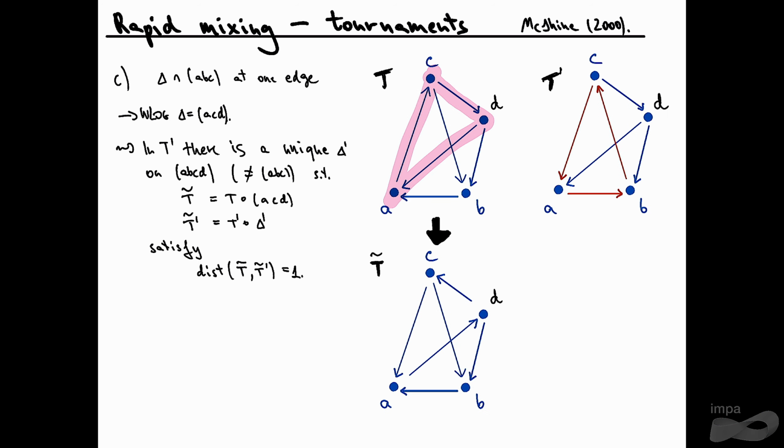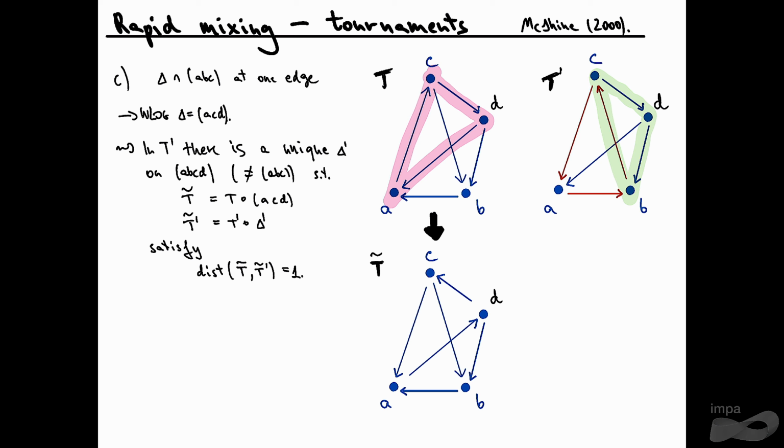We are flipping the red triangle, so all the edges are switched. Now we want to make a move in T prime so that it will not be far from T bar. And the miracle is that you can always find such a move.